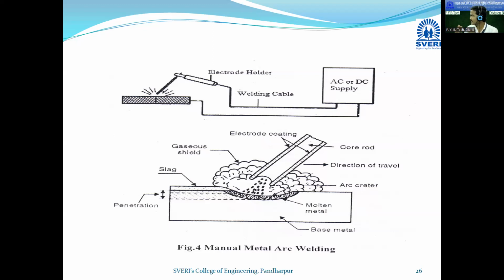If you bring the two electrode terminals close together, what happens? Does a spark occur or not? So a spark will be produced, and due to this spark, there is heating of the metal pieces, due to which the metal melts. At the same time, the welding rod, which is a consumable material, also melts, and the welding process is completed. The molten metal flows into the gap between the two metal pieces. It flows completely into that gap.